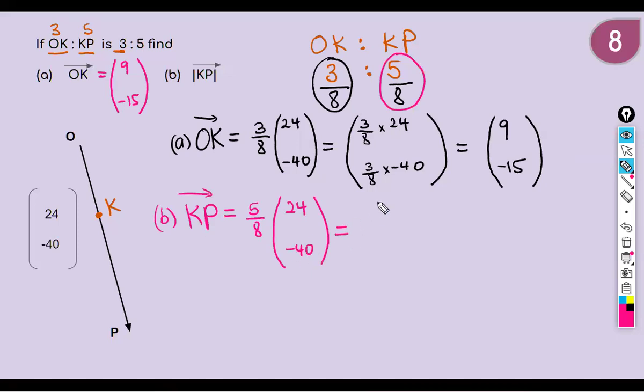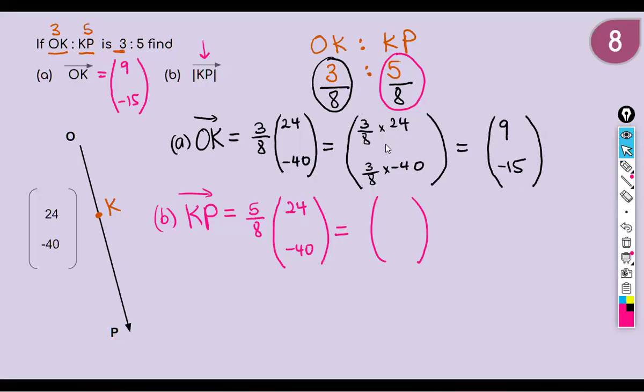So everyone find KP for me first. Remember, the top value is i, the underneath is j. Once you get the value of KP, then you can find the magnitude of KP. I'll give you 1 minute and then I'll jump in to finish up that question.